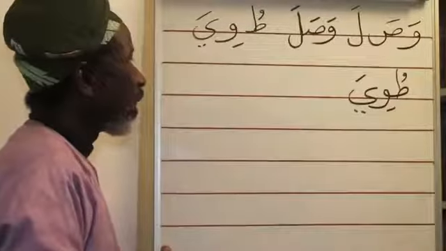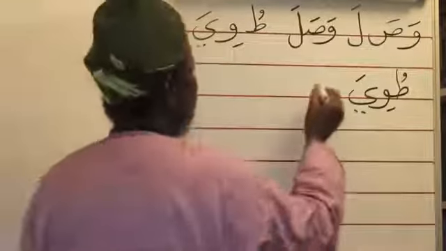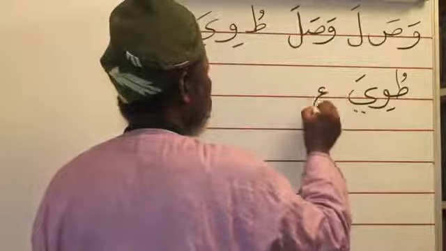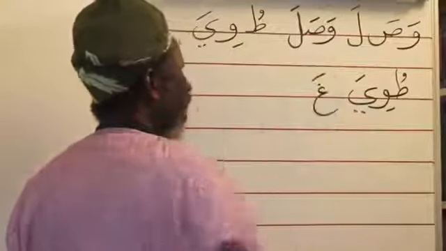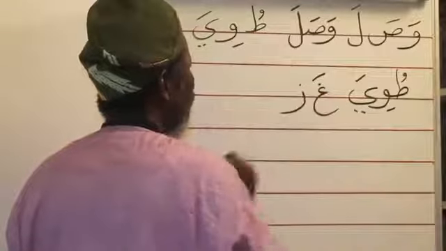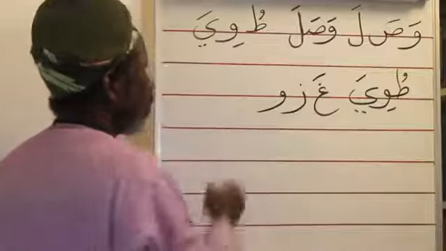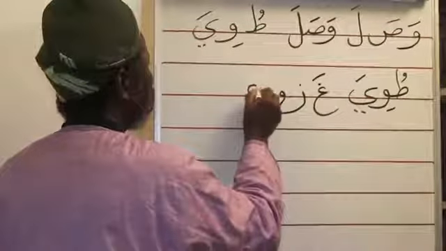Waw at the end, an example of that would be ghain, zain, and waw. For example, we write ghain with fatha, ra. Now we have zain and we have waw.